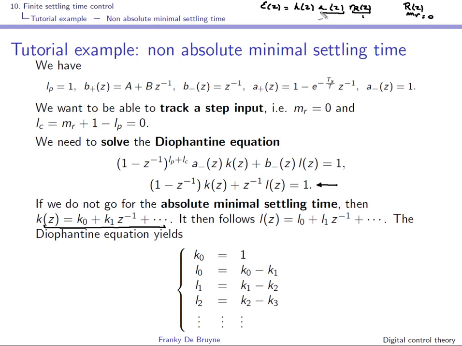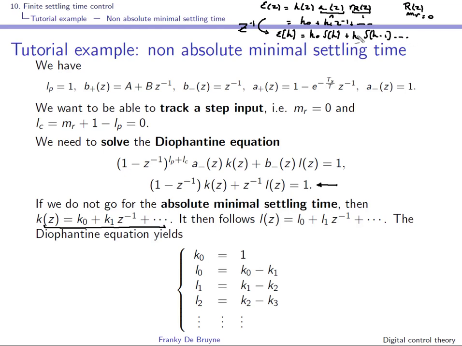In our case, in the process, this one is 1. So this one, epsilon z, reduces in our case to k0 plus k1 z minus 1, etc. If you take the inverse z transform, then the error is really k0 delta k plus k1 delta k minus 1, etc.